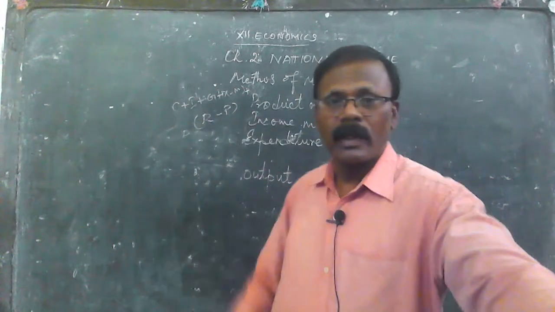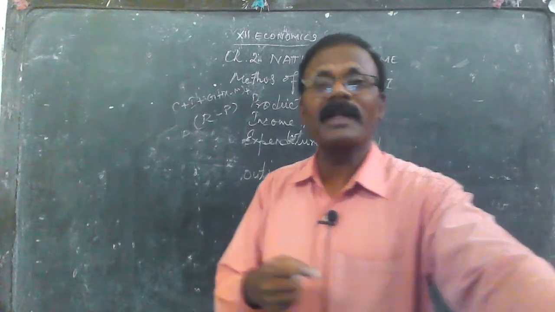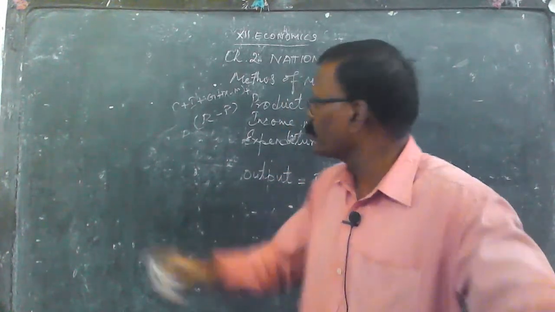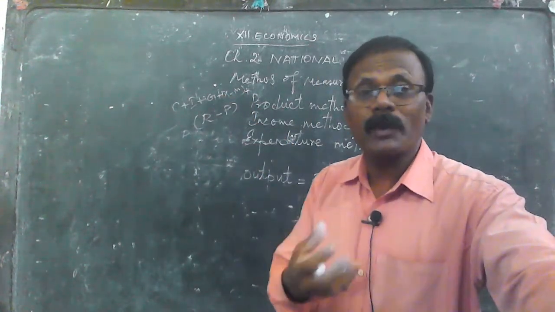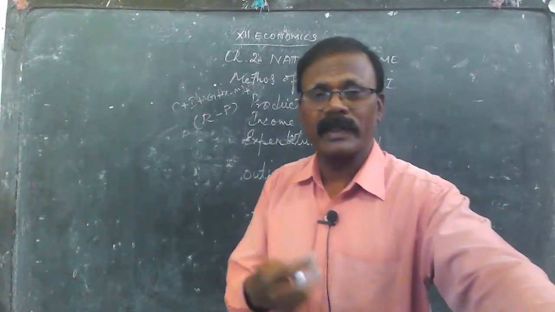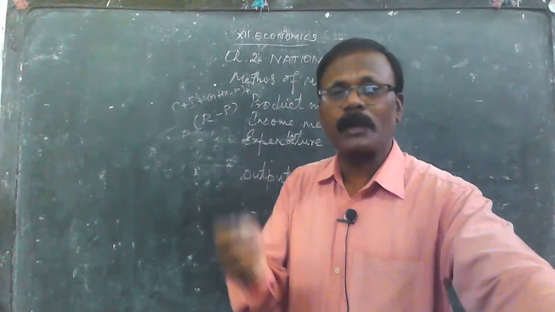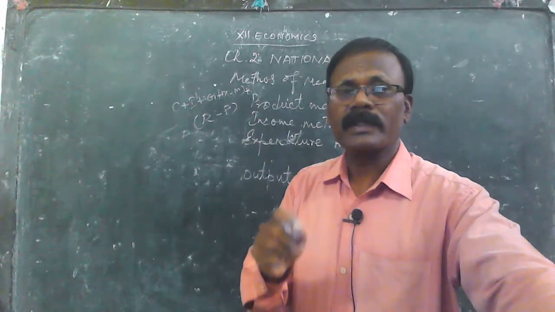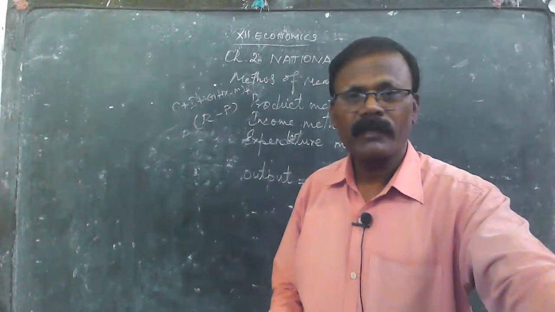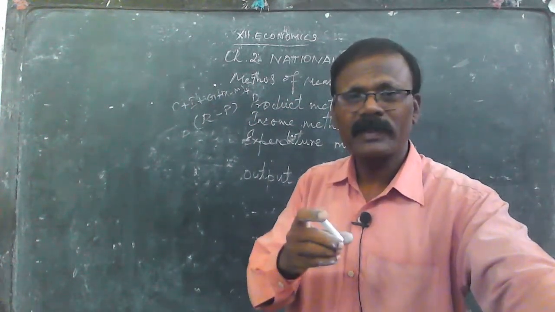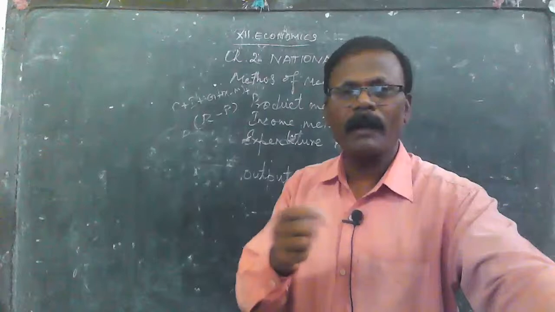Then the total goods and services produced and purchased by the government is referred to as G. Then the net exports of goods and services, that is the difference between the value of the imports and the exports of goods and services, is considered as X minus M. Then the fifth type of final goods and services is the net factor income from abroad.